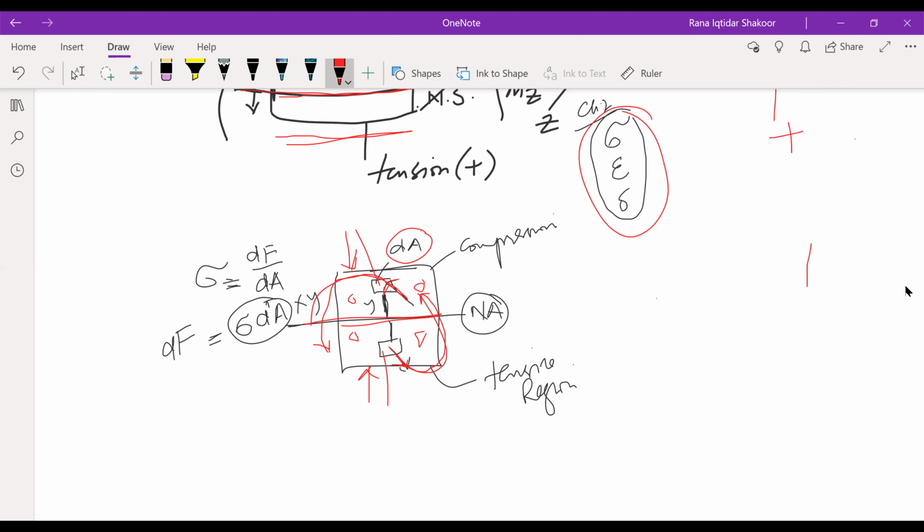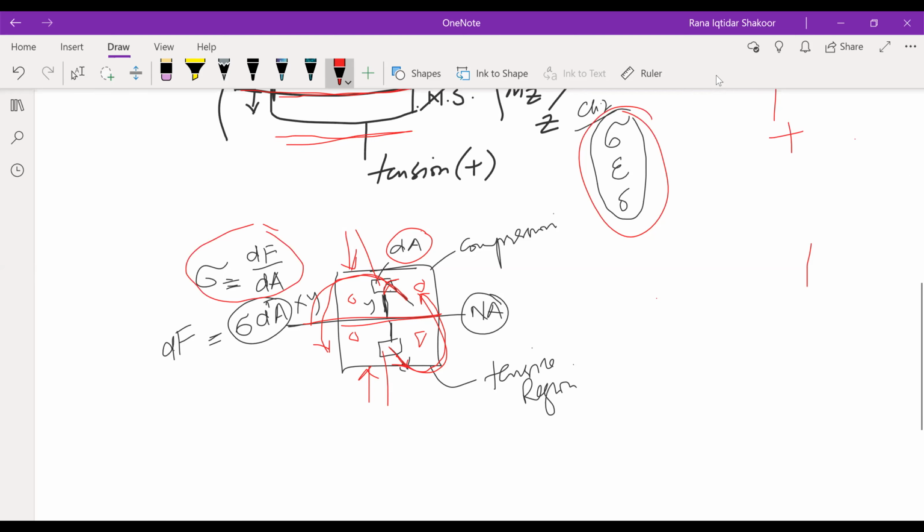There will be a very small moment because of these compressive and tensile forces, and that moment will be causing the bending. So dF, a small force applied on this area, is sigma dA. We will use this further somewhere in the slides.